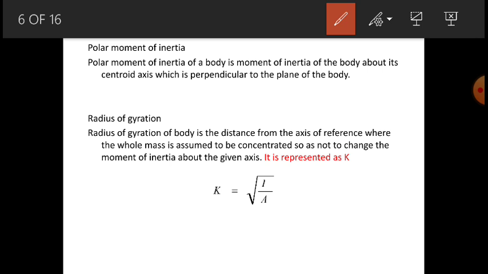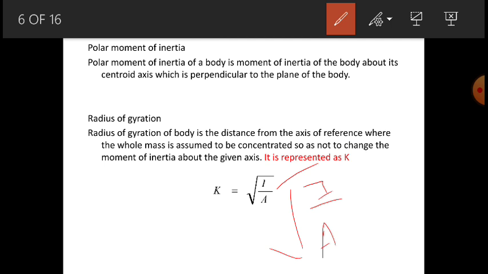Understood. Next is radius of gyration. The square root of the ratio of moment of inertia to the area is called the radius of gyration.